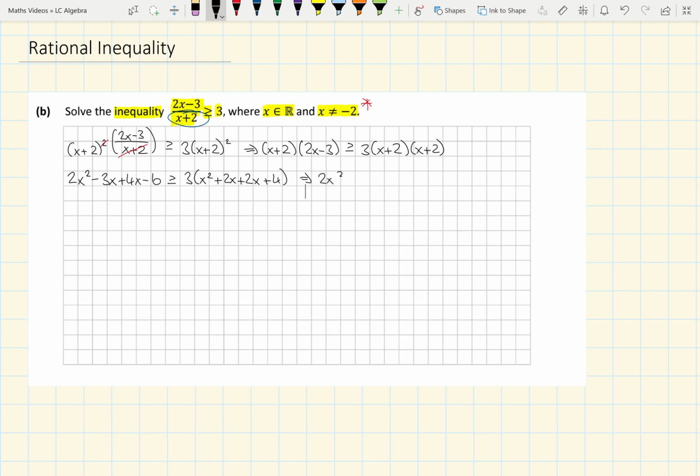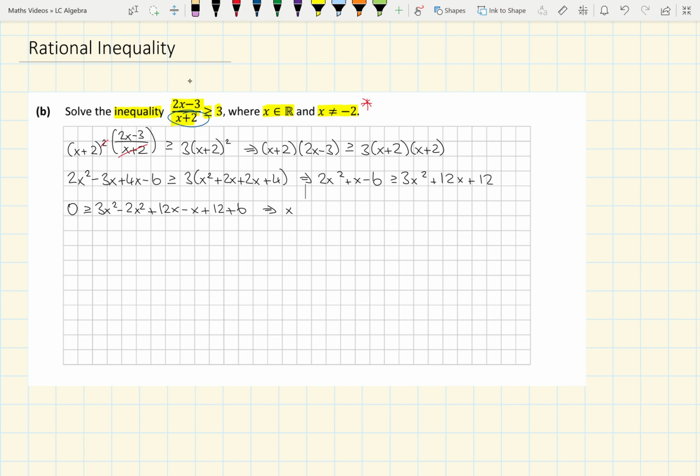We have 2x squared plus x minus 6 greater than or equal to 3x squared. 2 and 2 gives me 4. 3 4s are 12x. 3 4s again are 12. So I'm going to bring everything to the one side. I'll bring it all to the right, keep my x squared positive. So I have 3x squared minus 2x squared plus 12x minus x plus 12 plus 6.